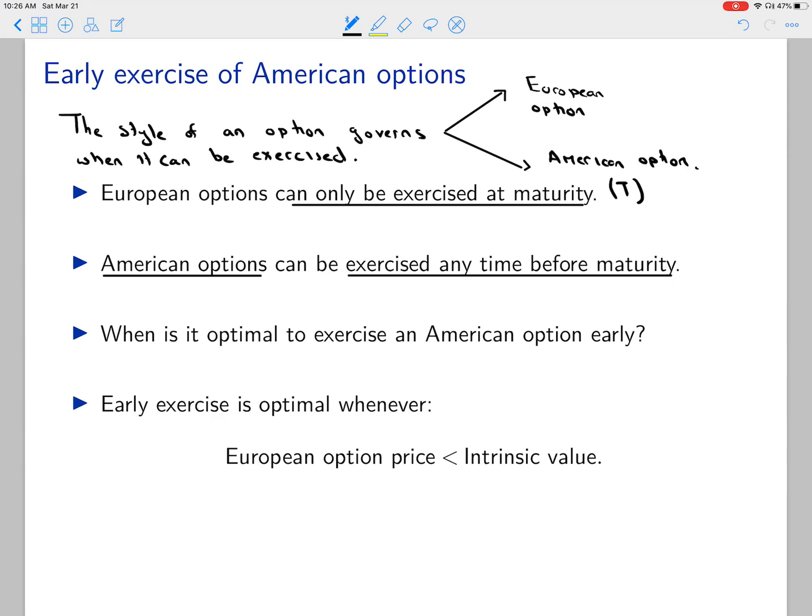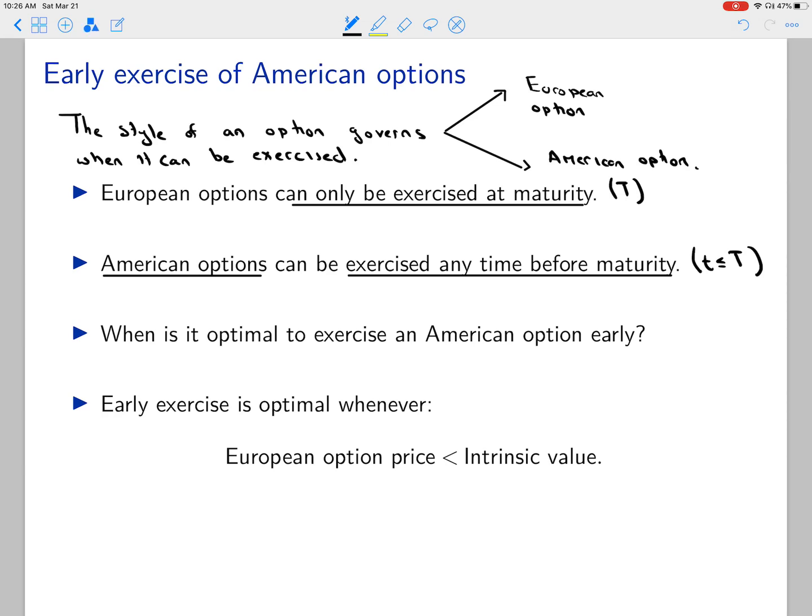What this essentially tells us is American options are more flexible than European options. They can be exercised at any date t less than or equal to T.